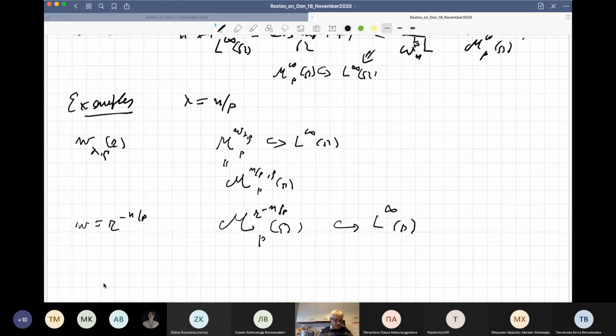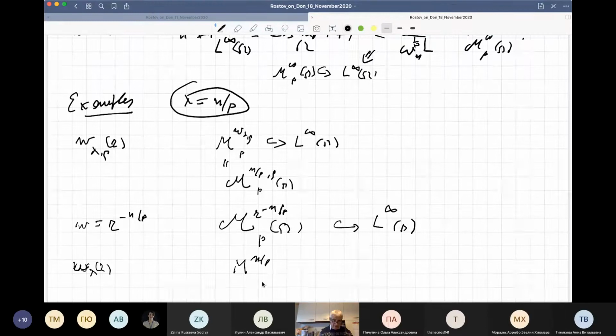Then you can make another example, the example of the so-called weight w lambda, with lambda equal to n over p, remember, here, right? W lambda of r, and here you have immediately that M n over p omega is in L infinity of omega.